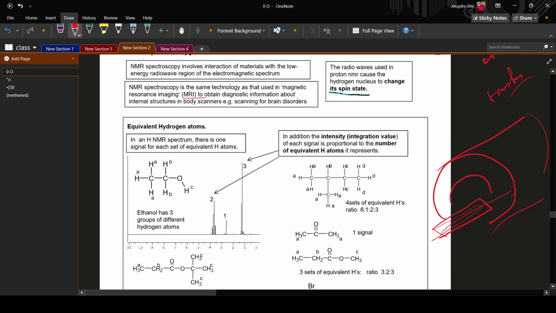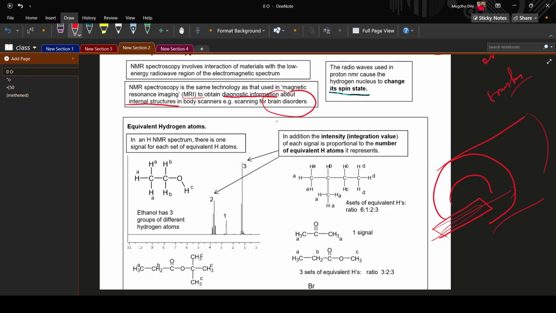It's known as magnetic resonance imaging. It helps to provide us diagnostic information about internal structures in the body, for example scanning for brain disorders. A very popular application of MRI is creating diagnostic images of our brain.